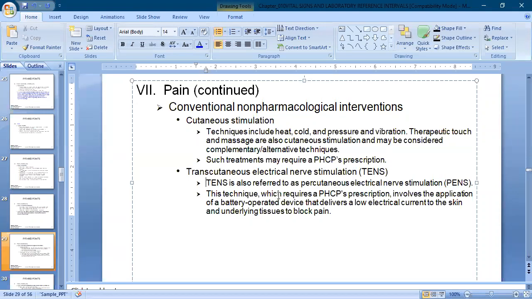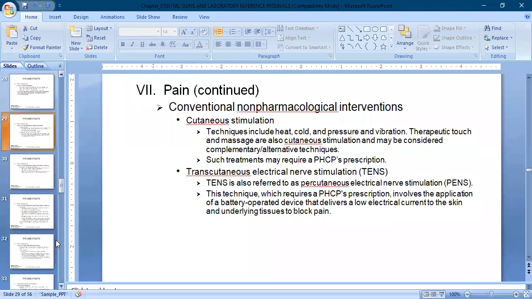This technique requires a healthcare provider's prescription and involves the application of a battery-operated device that delivers a slow electrical current to the skin and underlying tissue to block the pain.